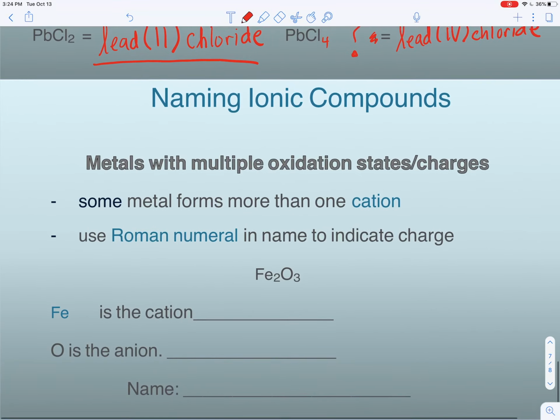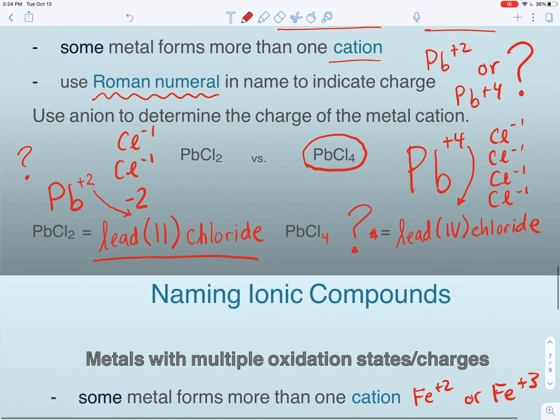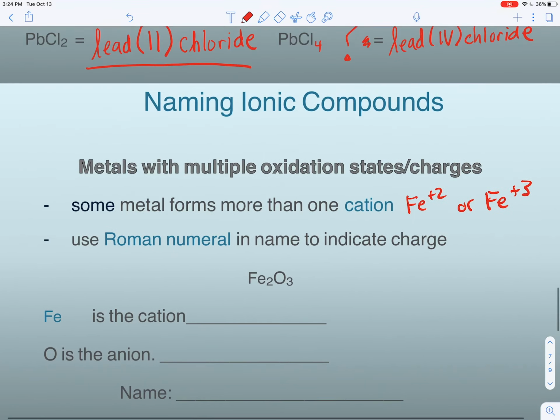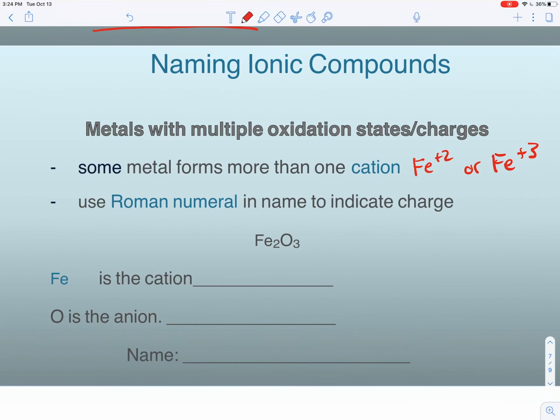Let's try another example. Last example here. So iron is also one of those that can have different charges. It can be +2 or +3. So here we've got to figure out which one we have. If you don't like drawing out all of these different ions that I did here, I'm going to show you another method. Remember the crisscross method we learned? Well, we can work backwards to figure out where those numbers came from.